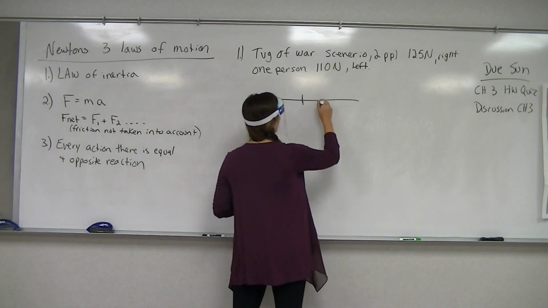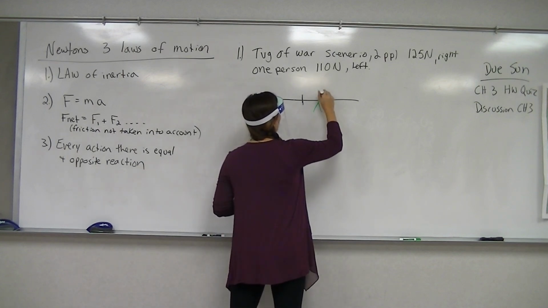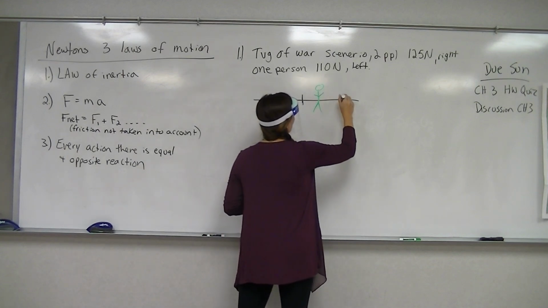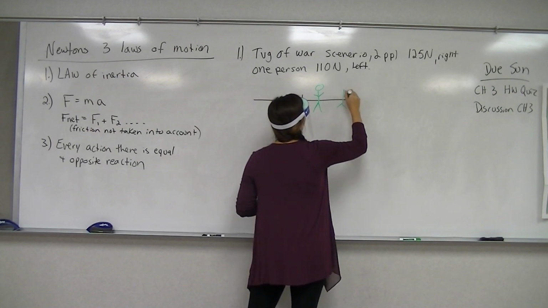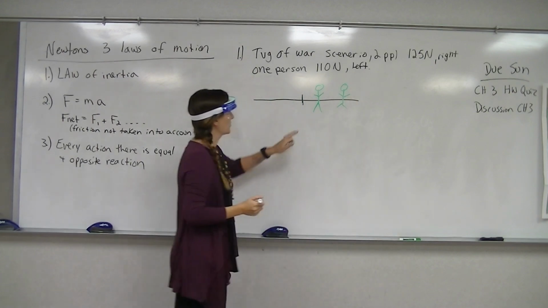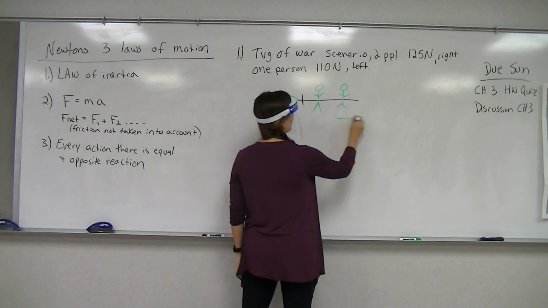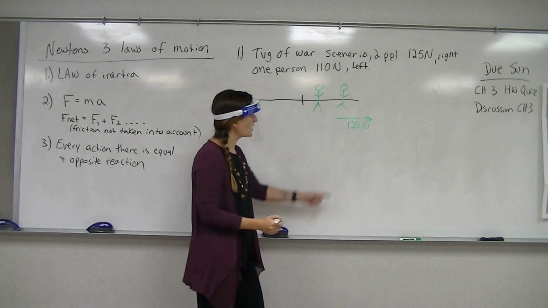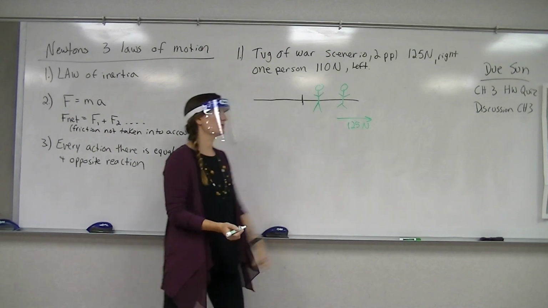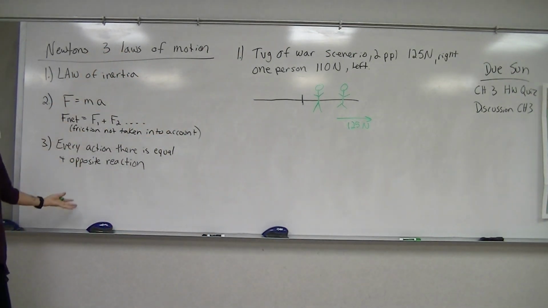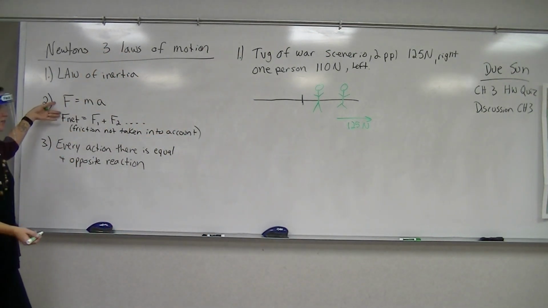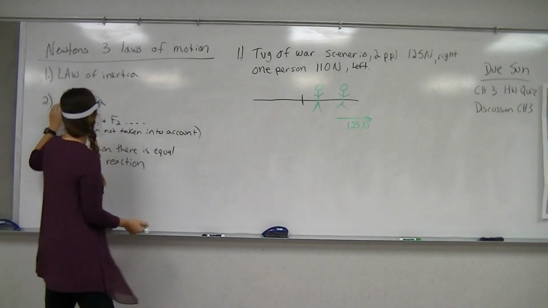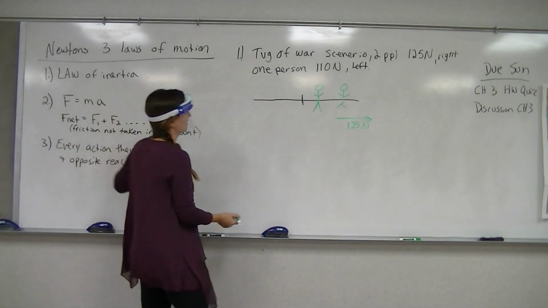So the two people would be over here, and I'm not an artist, so I'm drawing stick people. So we have two people on this side of the rope, and they're pulling it to the right with 125 Newton force. Notice, units on force are in newtons. Why? Because Newton came up with the laws of motion and the force equation itself. Okay, so we measure force, F, in newtons.